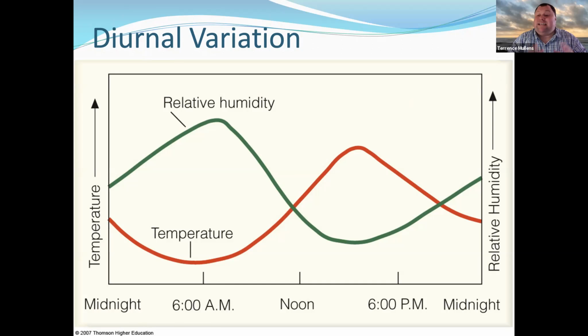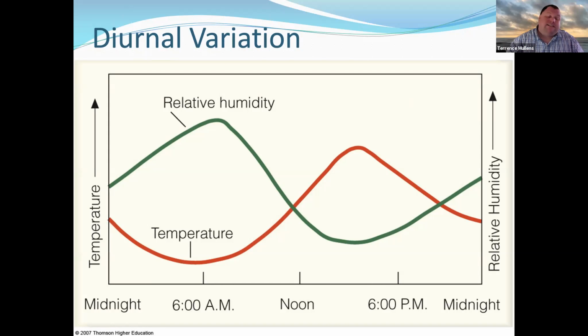And it's always the exact opposite. So as temperature goes up, relative humidity goes down. As temperature goes down, relative humidity goes back up. And so this graph right here shows these two and how they relate to one another.